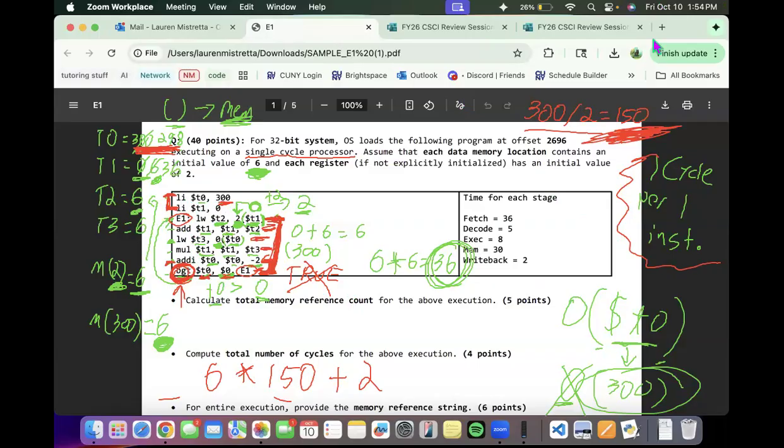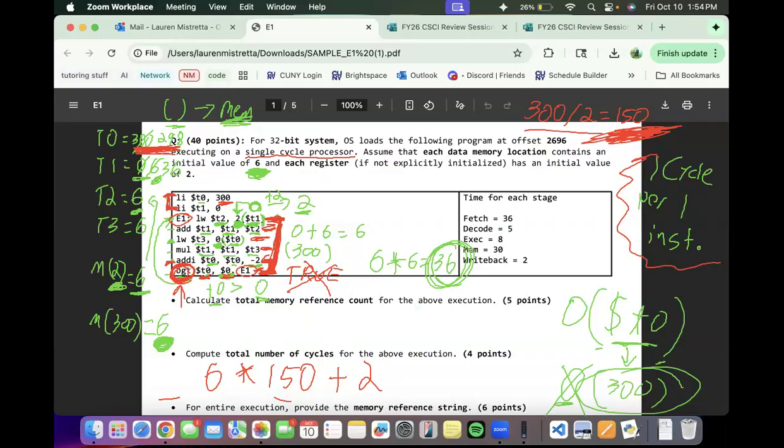Remember, before we found the memory reference count, but we have to keep in mind that they said for the above execution. Technically, this was executed 6 times 150 plus 2 times. Those are the number of instructions. So when I say the total memory reference count, I have to adjust based on the number of instructions. So let's go through it really quickly, keeping that in mind.